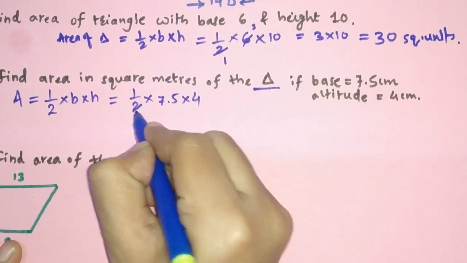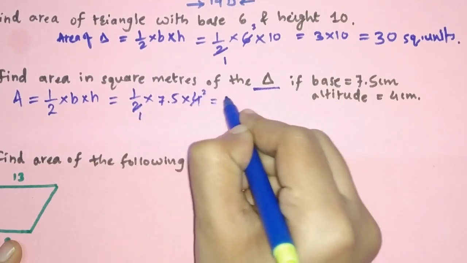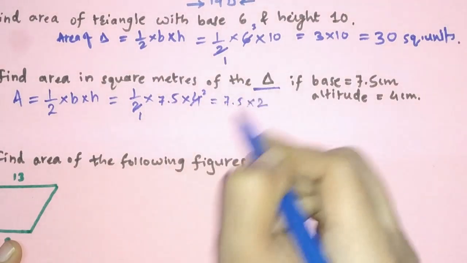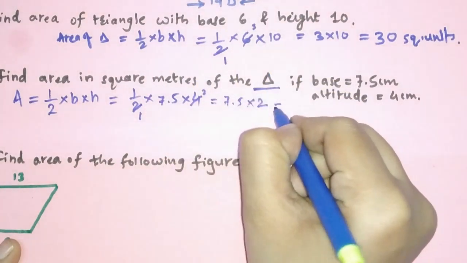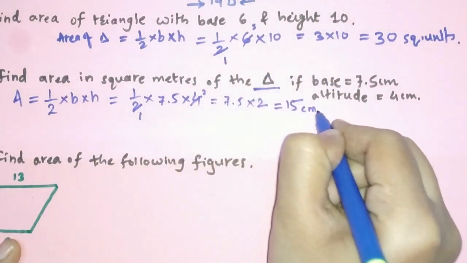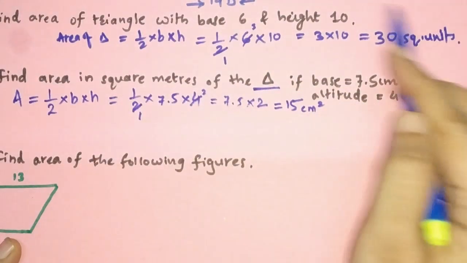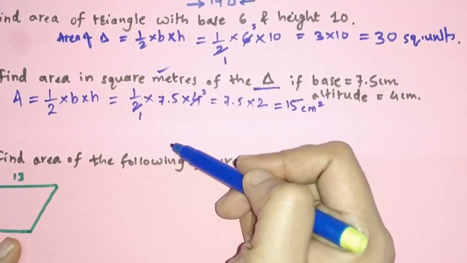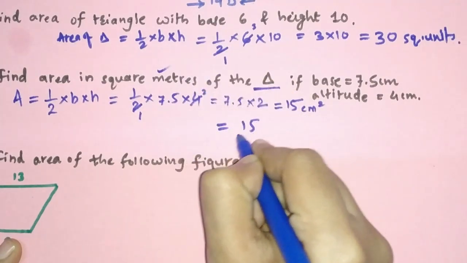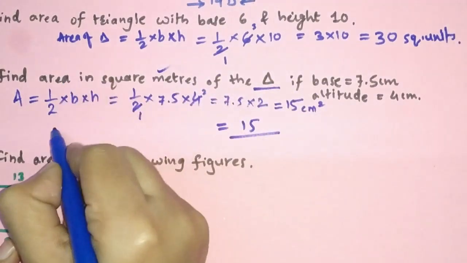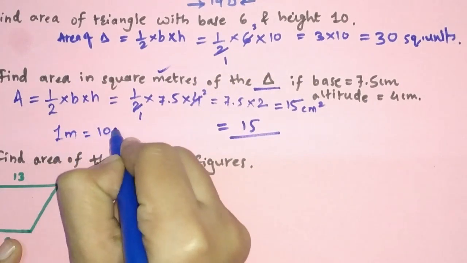So we'll solve it. 2 1s are 2, 2s are. So 7.5 into 2 will get 15, and it is in centimeter square. But in the question he told us to find it in meters square. So for converting into meter square, we know that 1 meter is equal to 100 centimeters.